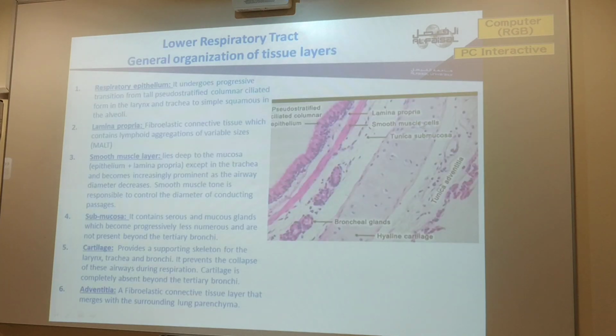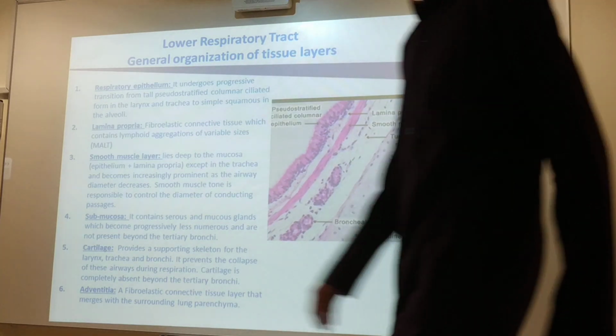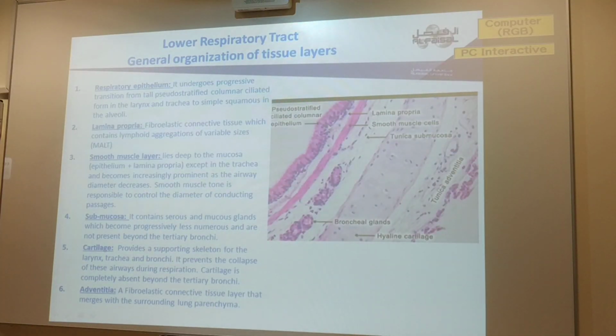Look at this beautifully. I keep searching Google images so that I can find an image that can support my text. Okay? Look at this. What is this tissue? The epithelium. The second is? The third is? The fourth is? The fifth is? The sixth is? So now it's easy.